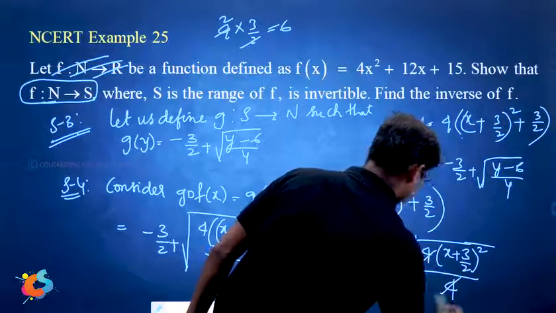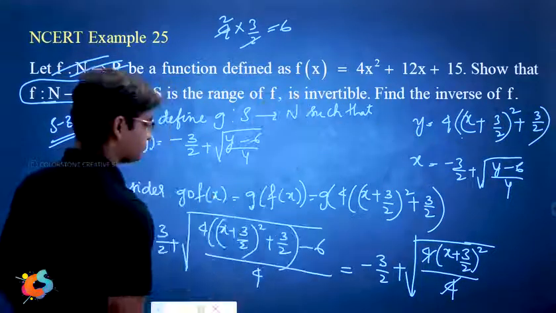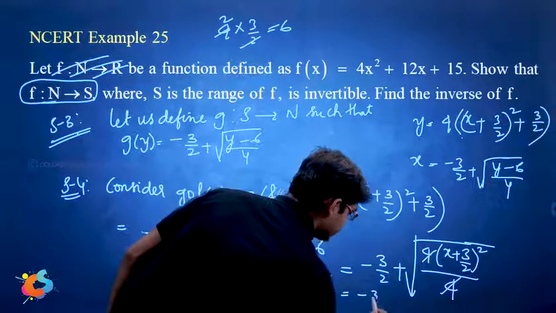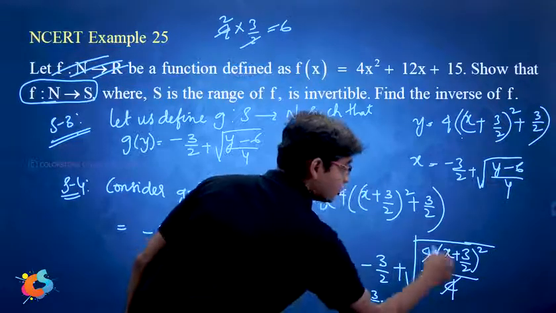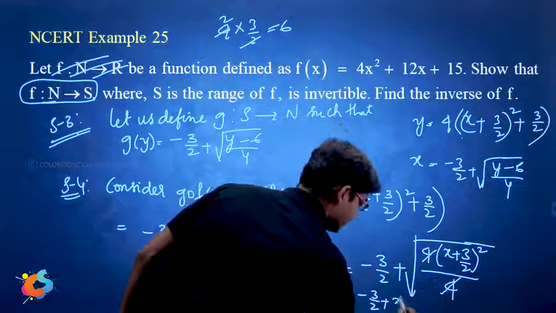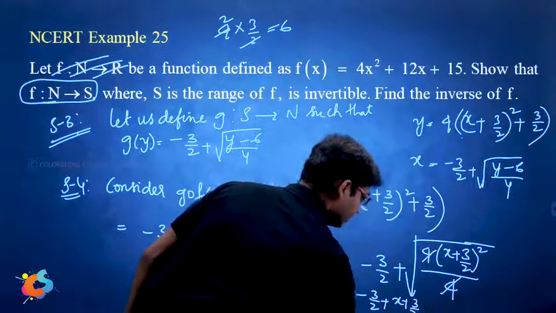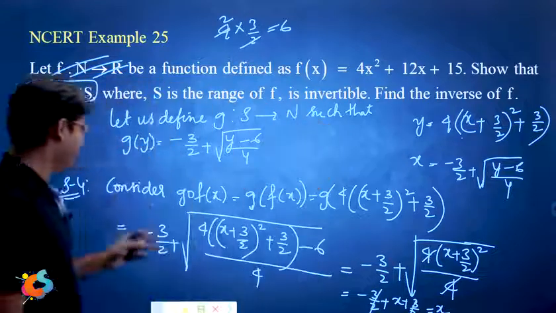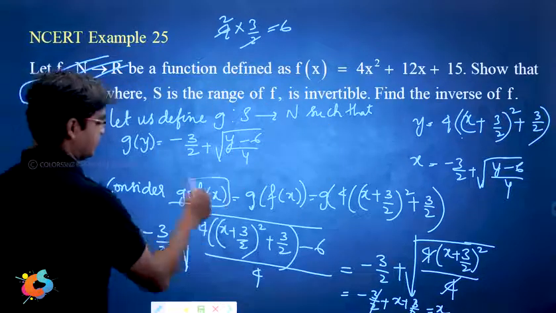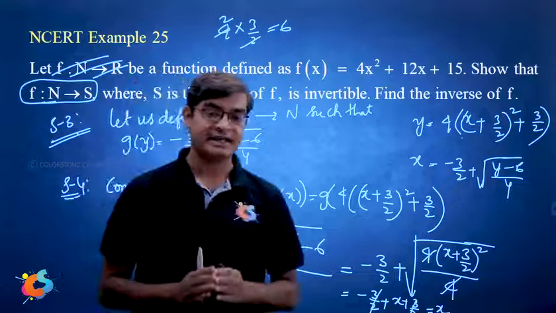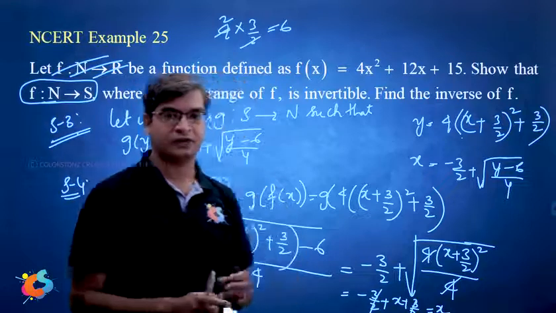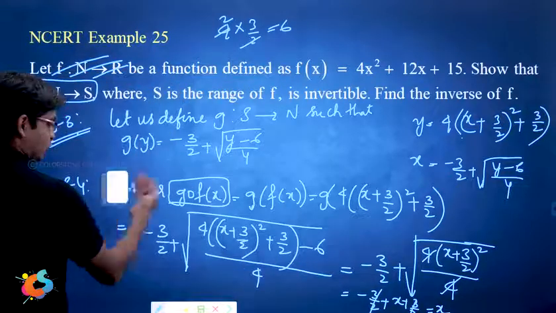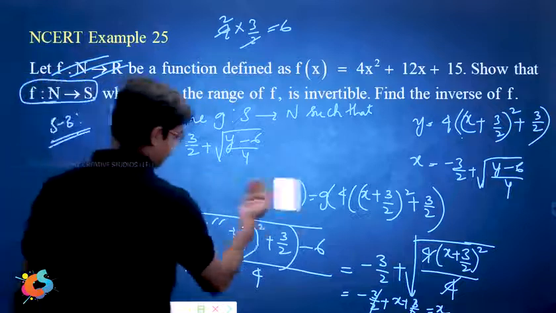This is getting cancelled. So we got this is equal to minus 3 by 2 plus under root of x plus 3 by 2 whole square. That will be x plus 3 by 2. Okay, so this is getting cancelled. So we got x. Again, I told you, whenever you are finding the composite function, you have to get it as an identity function, 100%. Okay, so if you're not getting it, maybe you can write it even if you don't get it also.